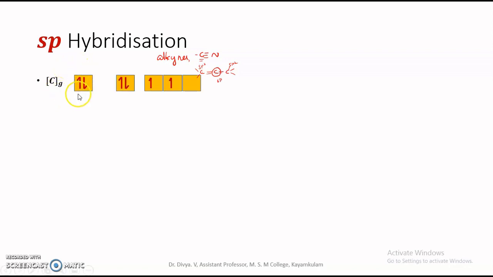Here this is the ground state electronic configuration. During the excitation, one of the 2s electrons gets excited to the vacant 2p orbital, and now 4 unpaired electrons are available.